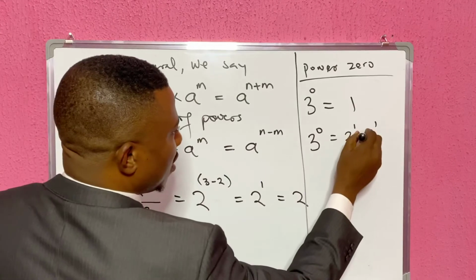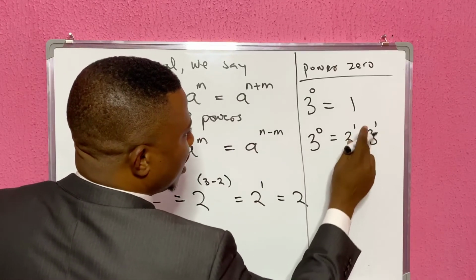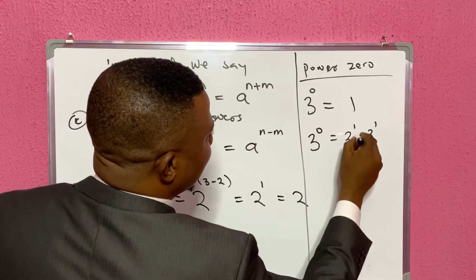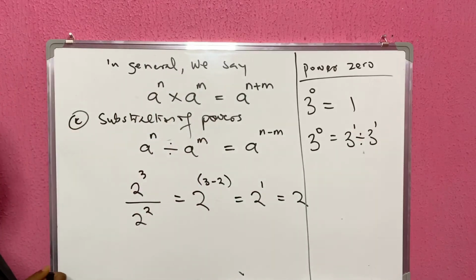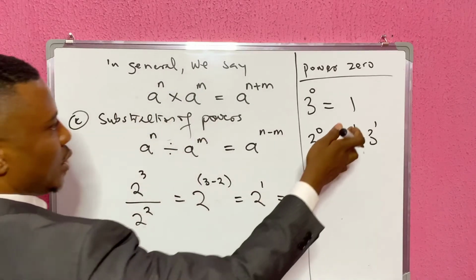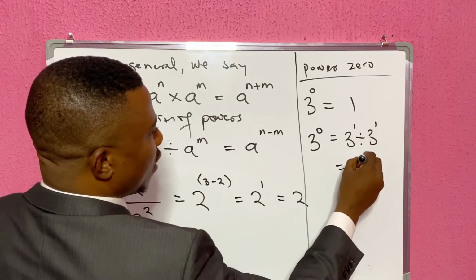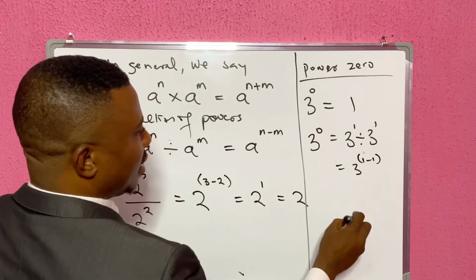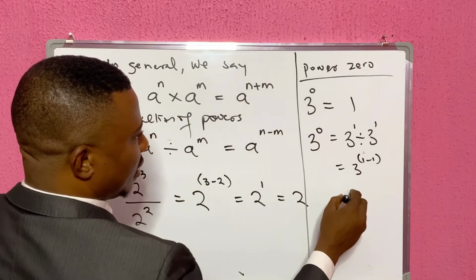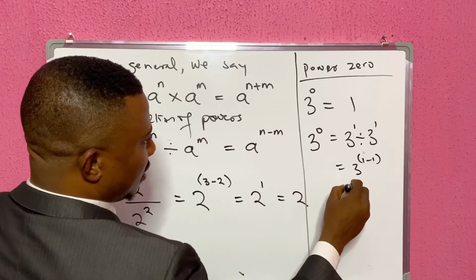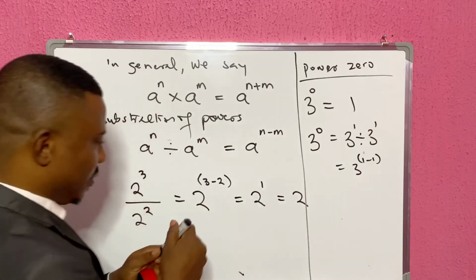Not minus, but divided by 3 power 1, because of subtraction of powers. This will give us 3 to the power 1 minus 1. Okay?